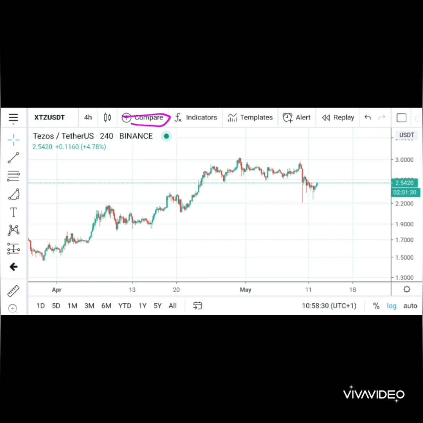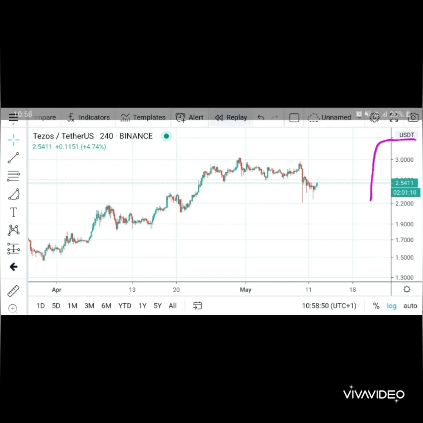You use this one to compare a cryptocurrency or any financial instrument with another, and compare the two movements. So here is where you add your indicators. We are going to discuss indicators later.